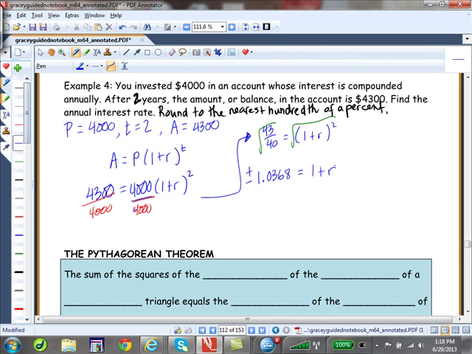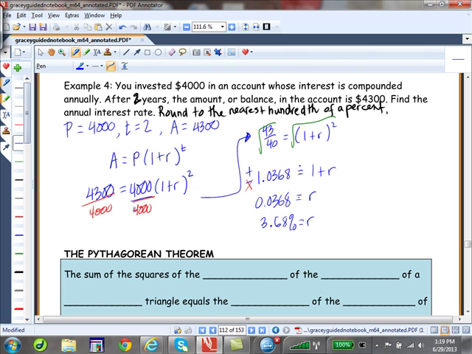Now, we're going to throw out this negative, because do you see we'll be taking away 1 from each side? A negative further decreased is going to be negative, and it doesn't make sense to have a negative rate. So we're going to work with that positive value. If I subtract 1, I'll get 0.0368 is equal to R. And so if you make that a percentage, you get 3.68% is R. And that was rounded at that point.